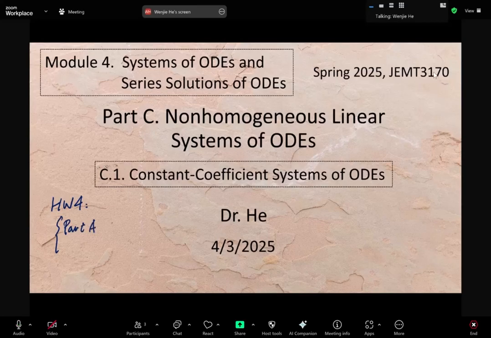This time, I will give you 15 concept questions. Actually, for each assignment, we have 15 concept questions but 10 computation questions. So for part A, I just give you 15 concept questions all together at the same time.